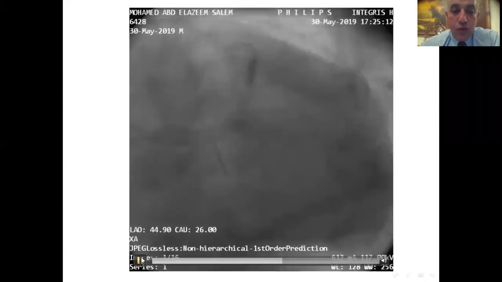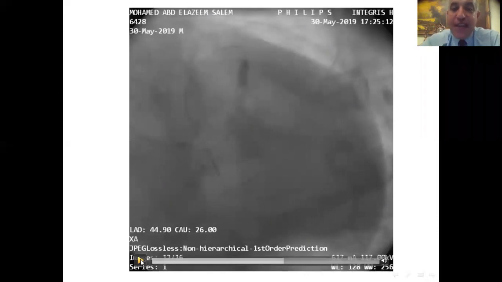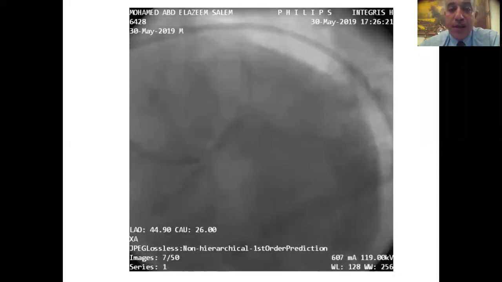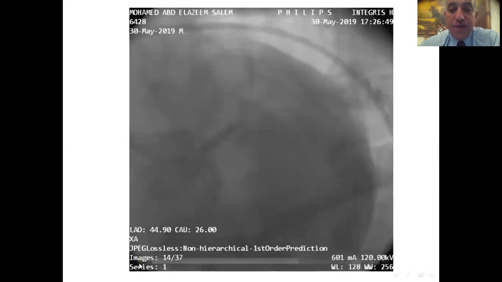And then we do optimization of the stent in the LAD by doing balloon dilatation from distal to the proximal segment of the stents, as you see. And then we do the first POT. Here is the first POT.